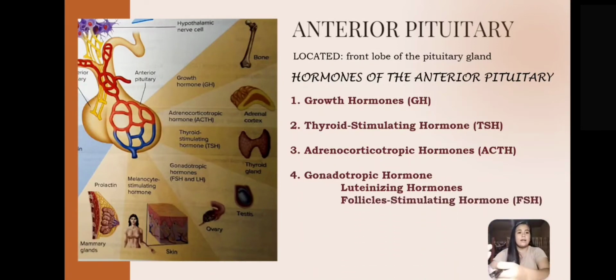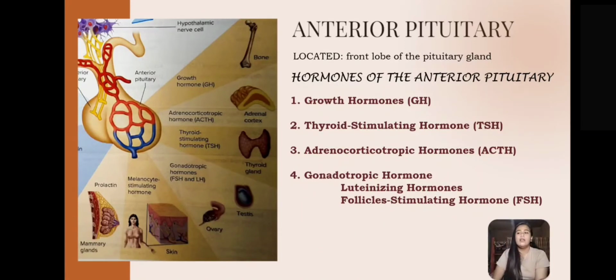Next to that is the follicle stimulating hormone or the FSH. The FSH stimulates the follicle development of ovaries. After the follicle matures, it produces estrogen and eggs that are ready for ovulation.